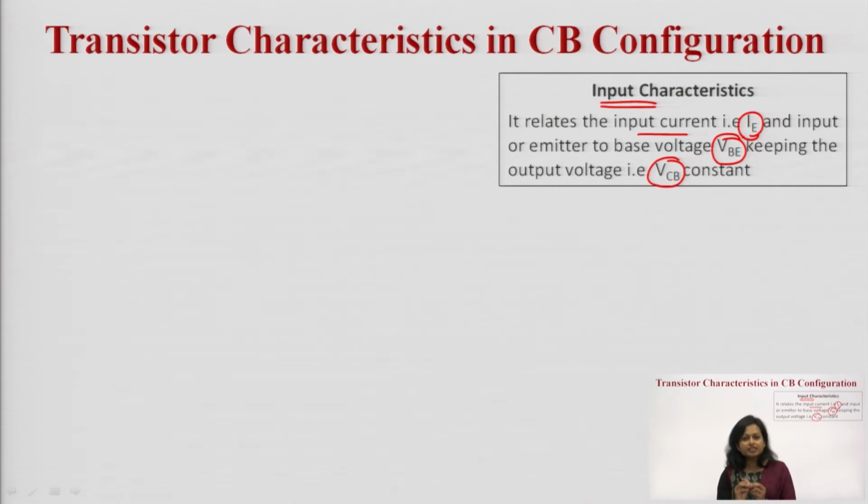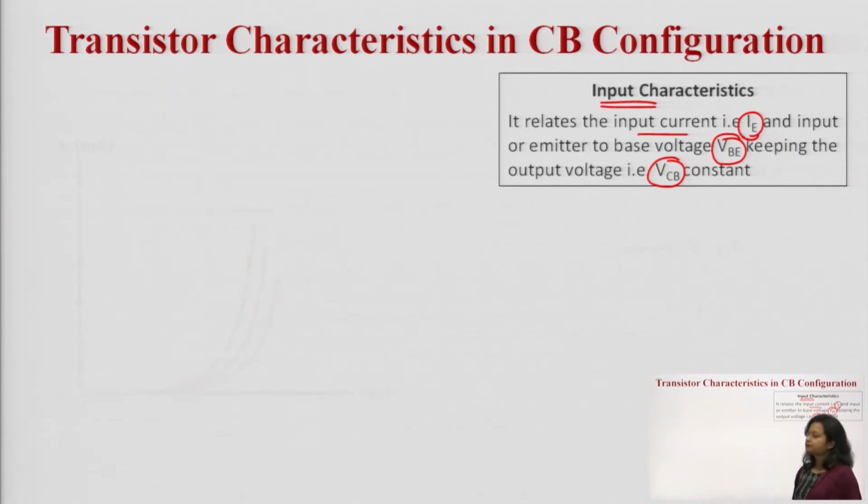For fixed VCB, which is the output voltage between the collector base terminals, keeping this voltage fixed, by varying different values of voltage, you can plot the current-voltage curve.